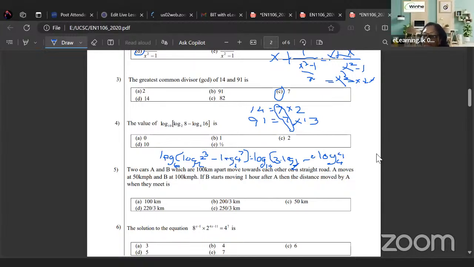And the final answer is log 10, 1. What is the answer for log 10, 1? One can be written as 10 to the power 0. So 0 into log 10, 10 is equivalent to 0. So the answer is 0 here, right?